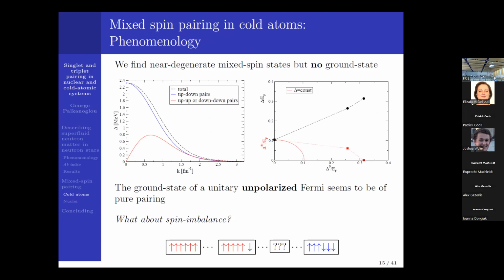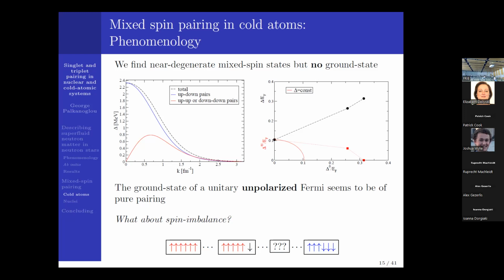We do find states where particles of opposite spin are paired. So this is the gap function. You can think of it as the binding energy of a pair with momentum k. So we find some binding energy between pairs of up-down spin. We also find some binding energy between pairs of same spin, but it turns out that the fluid can always lower its energy if it closes one of the two channels.